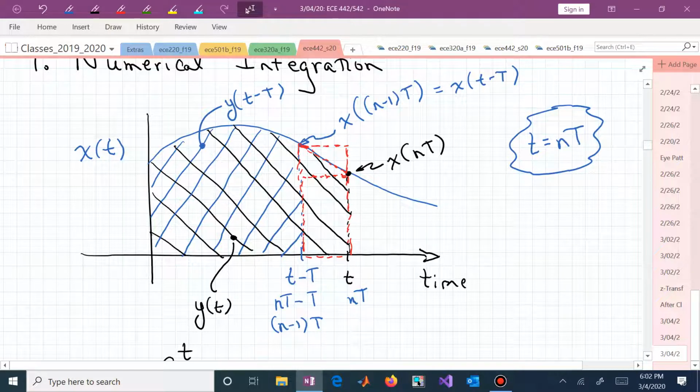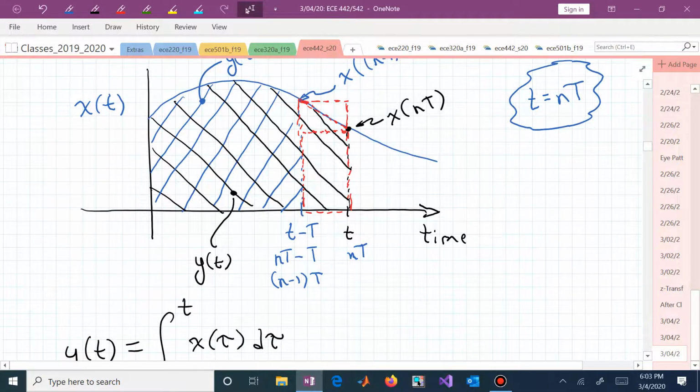A rectangle has a width and a height, doesn't it? What's the width of that rectangle? It's little nT minus little n minus 1 times T. That's actually just capital T. The width is our sample period. The width of this is just capital T. What's the height for the forward?